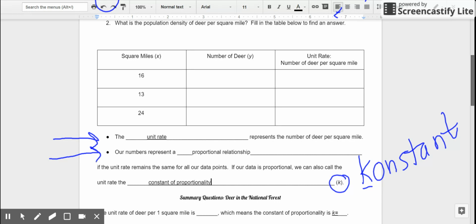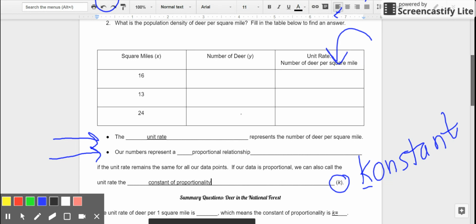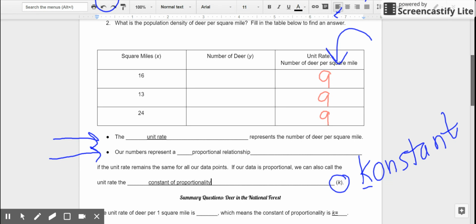So in your example, the unit rate did remain the same for all your data points. You should have found that the unit rate was 9, meaning that there were 9 deer per square mile in this forest. Therefore, the unit rate is 9, and the constant of proportionality is also 9.